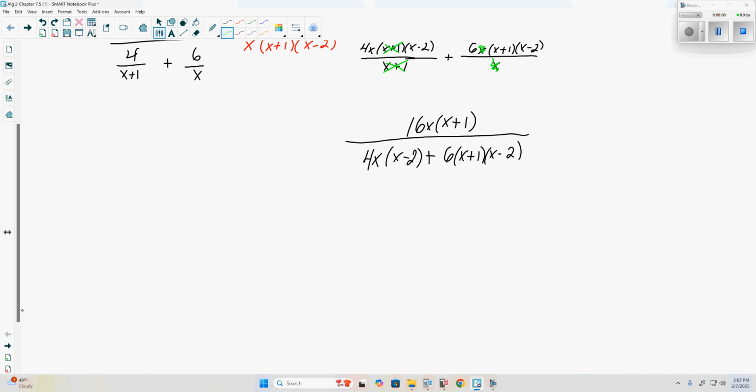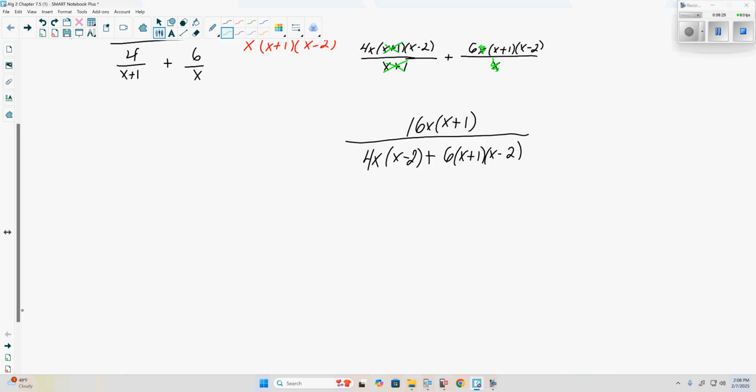Yeah, we have the 4x and x minus 2, and we're adding to it another term, the 6 times x plus 1 times x minus 2. Is there a possibility there might be some like terms there? Yeah, there's going to be some stuff we're adding, subtracting. There, I'm going to have to simplify because we're not done. There's other stuff that could happen. On top, is there any other stuff we're needing to add, subtract, do with it? No, it's a single term now. It's those two together.